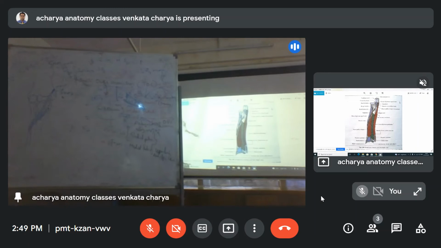Which one is the second finger? This one is the second. First finger, second, third, fourth, and fifth finger. Will you remember? What muscle is this? Tell the muscle name. Flexor digitorum superficialis. Very good.